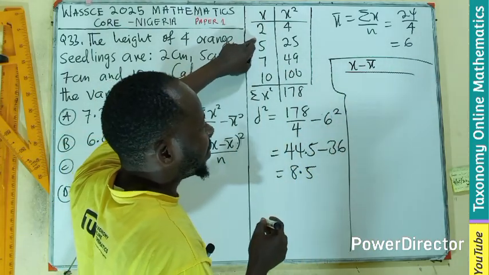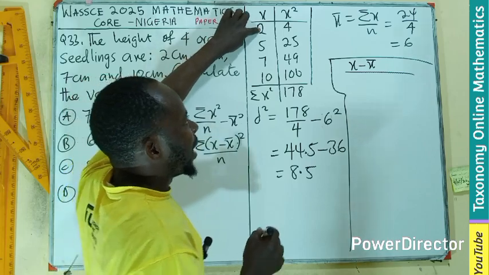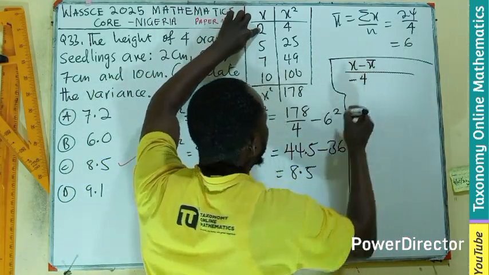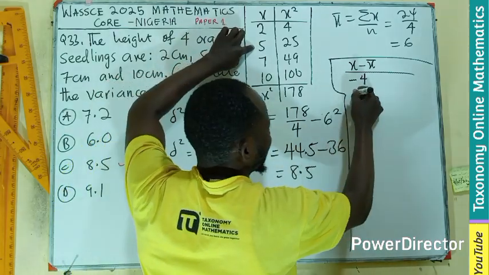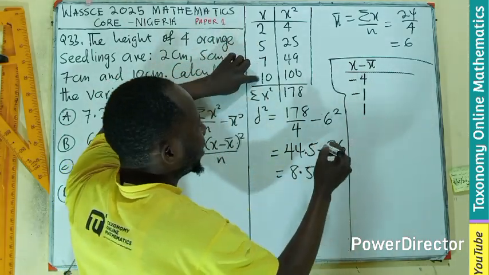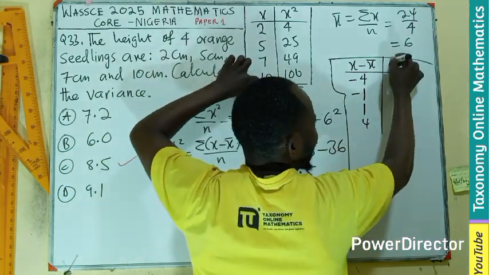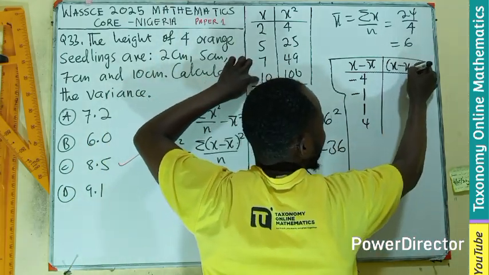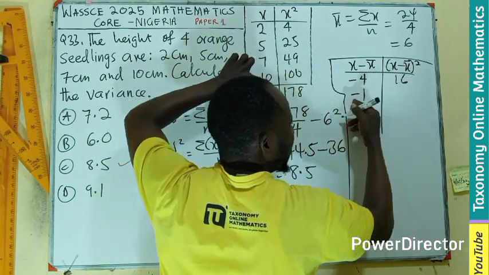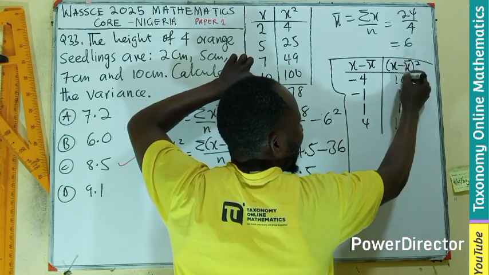I don't need this, so I have x minus x bar: 2 minus 6 is minus 4, 5 minus 6 is minus 1, 7 minus 6 is 1, 10 minus 6 is 4. What is the next thing? I have x minus x bar squared. So squaring these gives 16, 1, 1, 16.